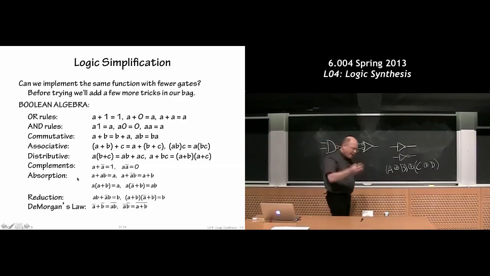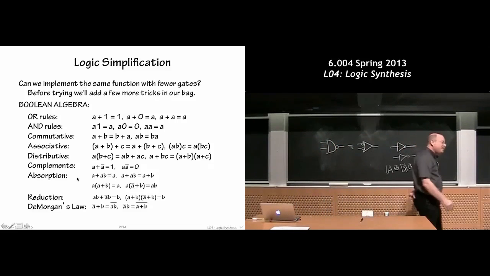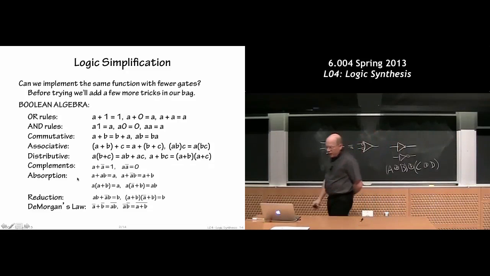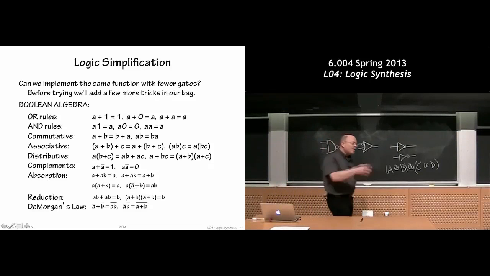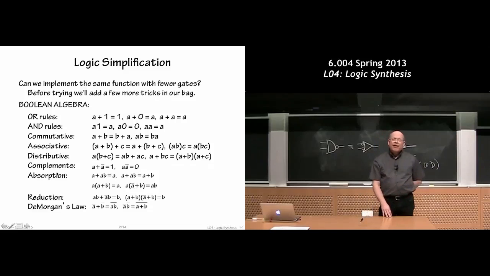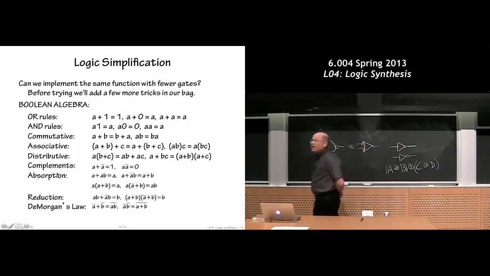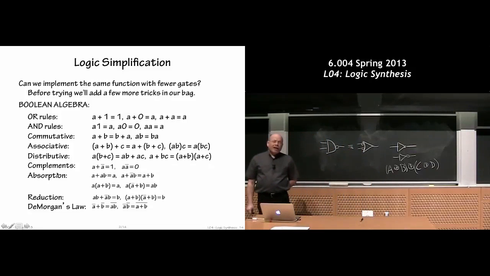So we've been looking at this function for a long time, and you can see I've shown you 8 different ways to draw the schematic diagram for it. And can I do it with fewer gates? I ended up with a bunch of 3-input AND gates and one 4-input OR gate, which maybe I made out of a NAND gate using De Morgan's theorem, or maybe I made it out of a tree of OR gates because I only have 2-input gates. Can I just make something simpler?